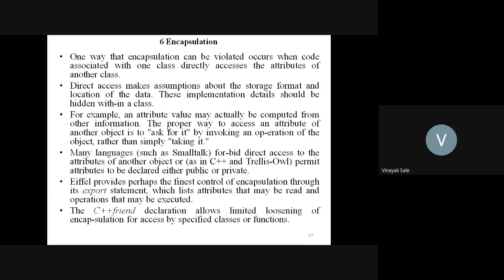Eiffel provides perhaps the finest control of encapsulation through the export statement, which lists attributes that may be read and operations that may be executed. The C++ friend declaration allows limited loosening of encapsulation for access by specified classes or functions.